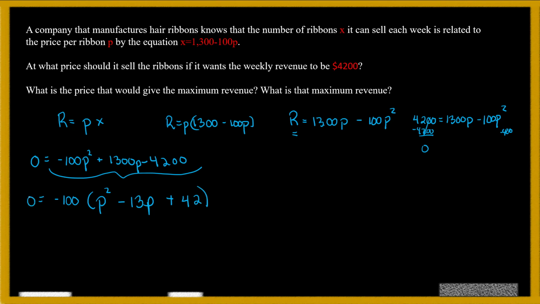And this is all equal to 0. Now in terms of factoring, we don't need to worry about the 100. We're just going to factor P minus 7 times P minus 6. And so our prices are either going to be $7 or $6 to give us the revenue of $4,200.